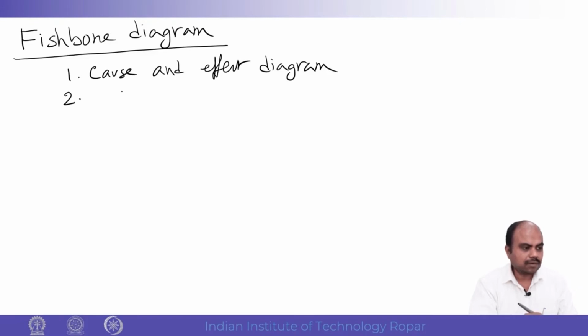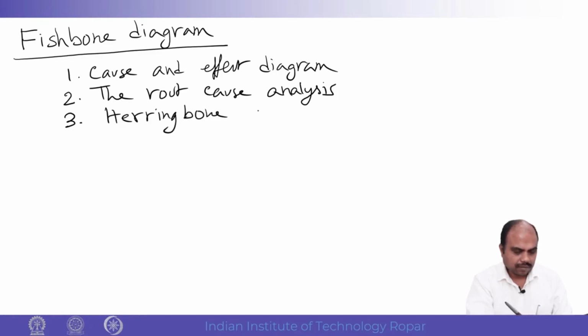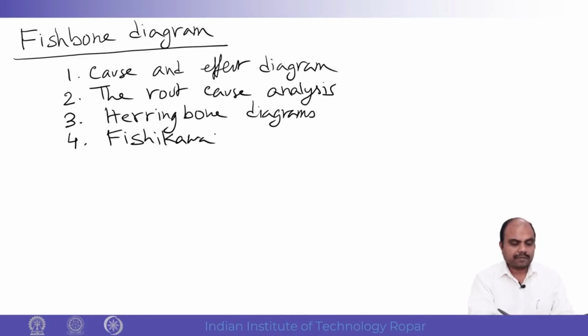It is also known as root cause analysis. It is also known as the herringbone diagram. It is also known as Ishikawa. However, apart from fishbone diagram, the most popular name of this diagram is the Ishikawa diagram.